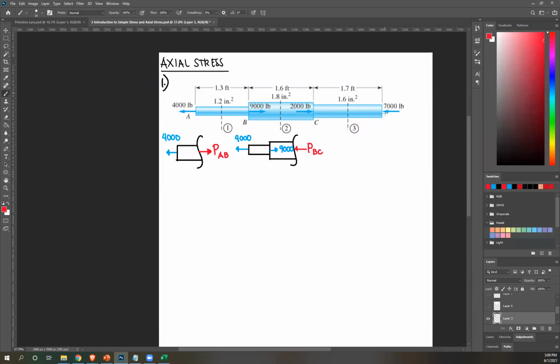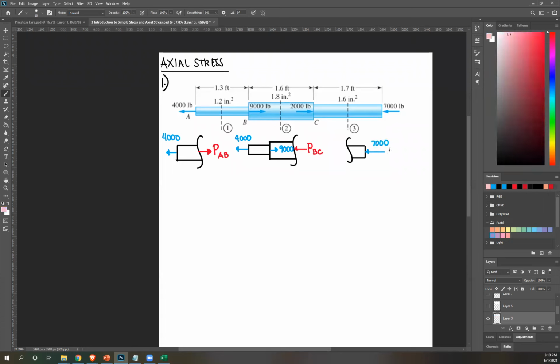And lastly, for this segment, isolate. For this segment, obviously it's easier to isolate the right side. So you're not bound by always isolating the left. You can choose whichever is easier. So you have a force here, 7,000.